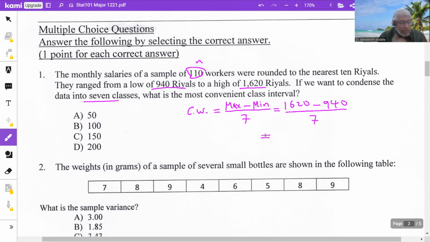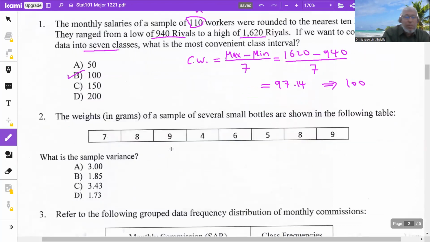If you evaluate this by the calculator, you will find that the answer is 97.14. Then we have to round this up. So the most suitable class width here would be 100. So 100 is the choice.